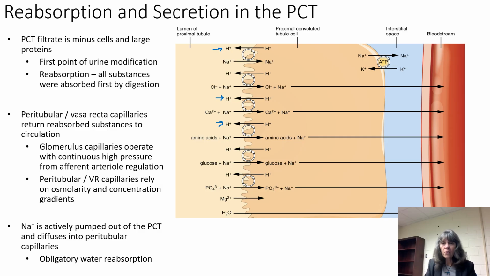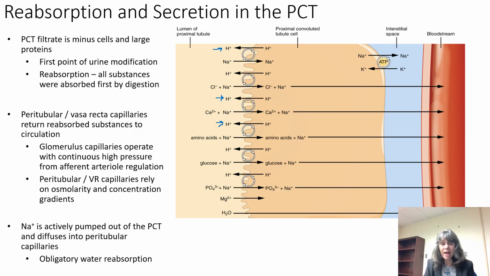So we have peritubular capillaries that are going to wrap around the proximal convoluted tubule so that substances that are reabsorbed can diffuse into the bloodstream, and the peritubular capillaries are going to continue as the proximal convoluted tubule continues to form the loop of Henle.